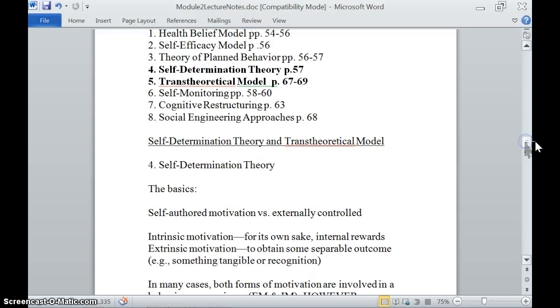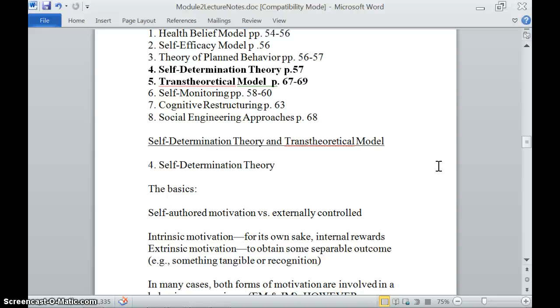And when I come back for the second lecture of Module 2, I'm going to help us explore a little more of the basics of self-determination theory and the trans-theoretical model. I'm more familiar with self-determination theory, but I will say the trans-theoretical model is probably used more by practitioners than any other model. It serves as the grounding for people who get certified in health coaching or wellness coaching, for example.